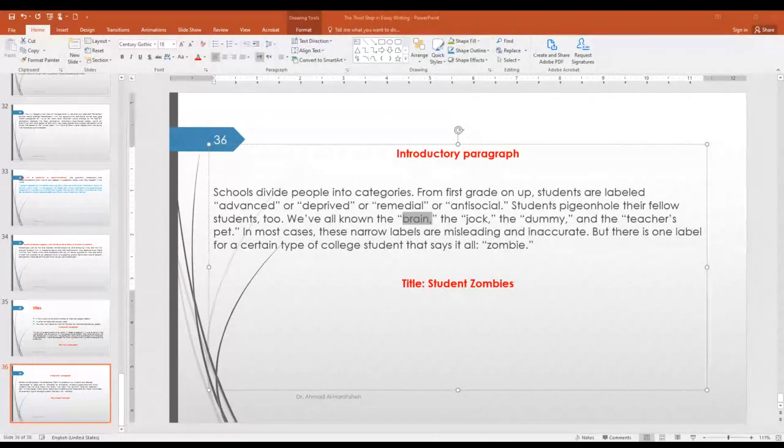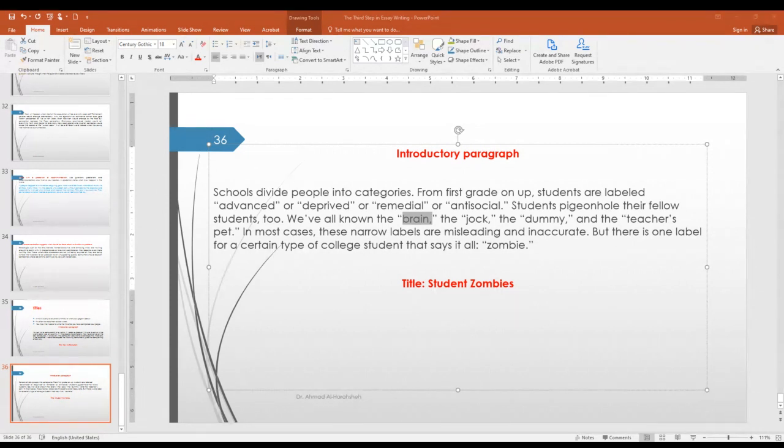Avoid these three topics: politics, religion, sex. Avoid these three topics and select any topic you like, right?